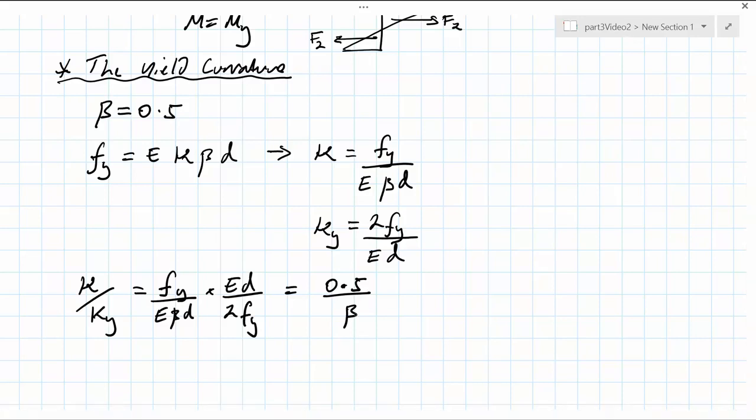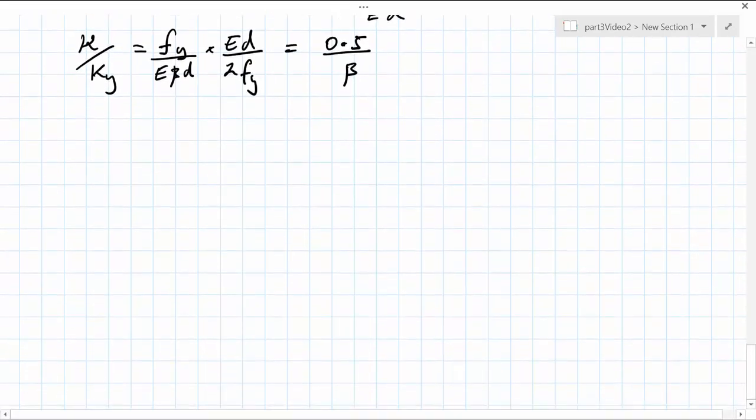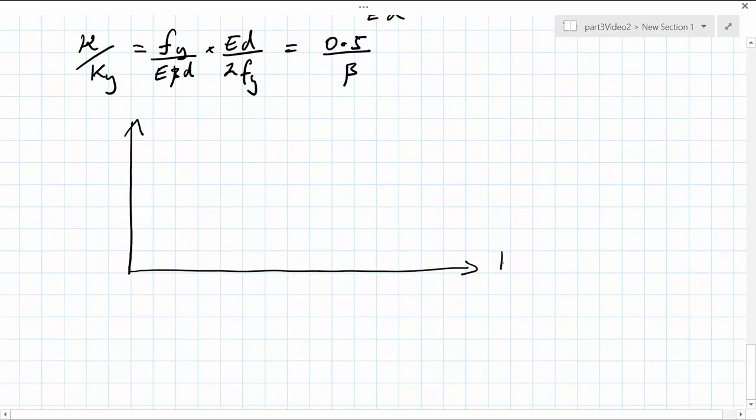From this, it is possible then to plot the full moment curvature relationship on normalized axes. Key values being 1 and 1 for the yield moment and yield curvature.